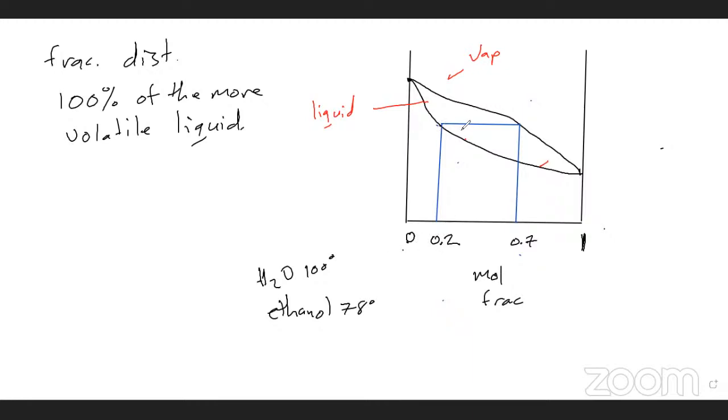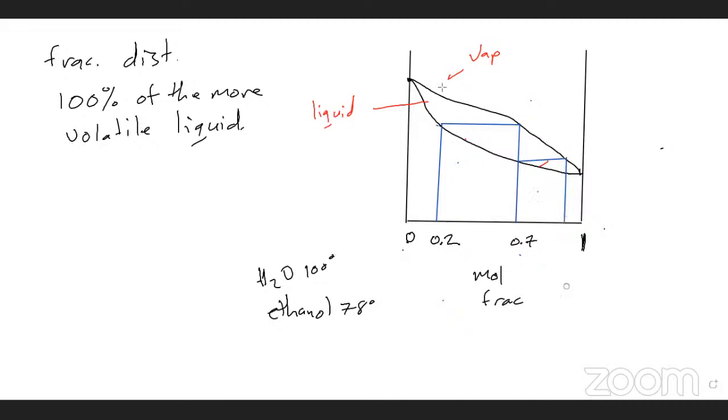When you boil it and condense it, the new mixture has 0.7 alcohol. If you should boil this mixture again, it will have a new composition.